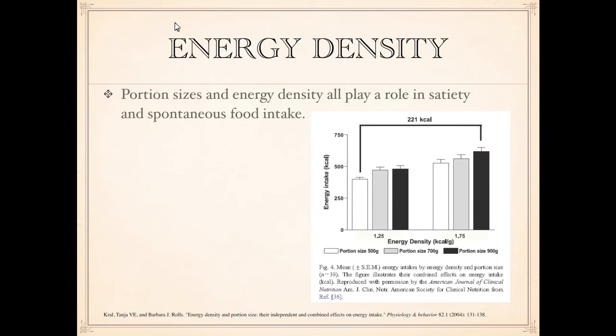So it's the open bar, the gray bar, and the black bar. And what you have is lower energy dense foods, 1.25 kilocalories per gram. And on the right, we have higher energy dense foods, 1.75 kilocalories per gram. What you notice is that the portion size, along with the energy density, will impact how much energy you consume.